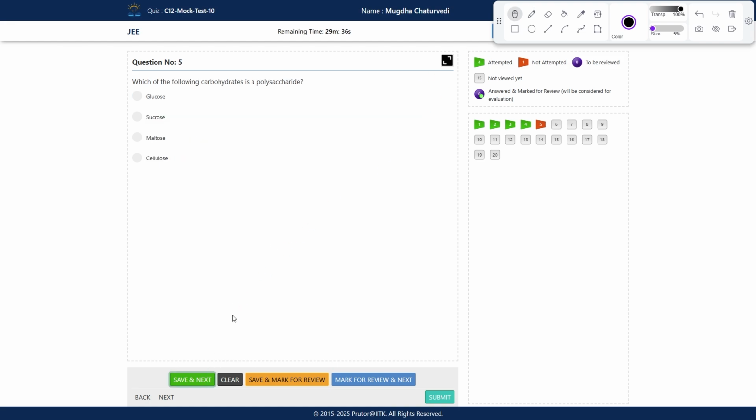Moving on to question number 5, it is asked, which of the following carbohydrates is a polysaccharide? First of all, what is a polysaccharide? A polysaccharide yields a large number of monosaccharide units on hydrolysis, and they are also non-sugars.